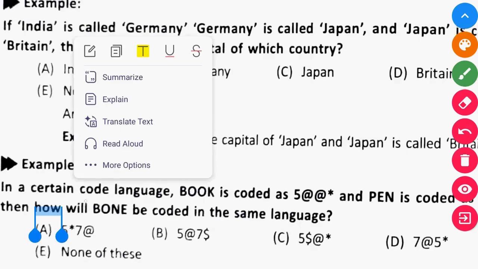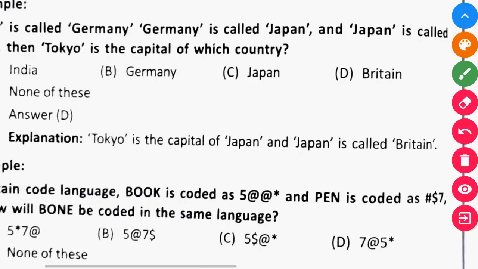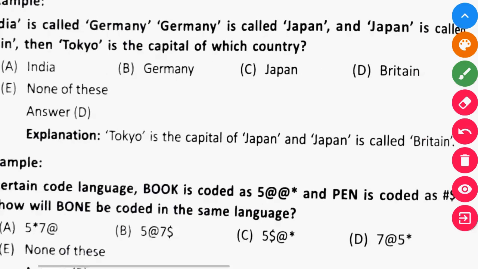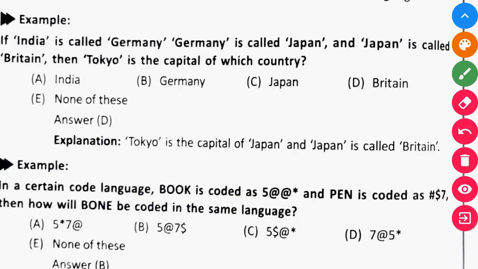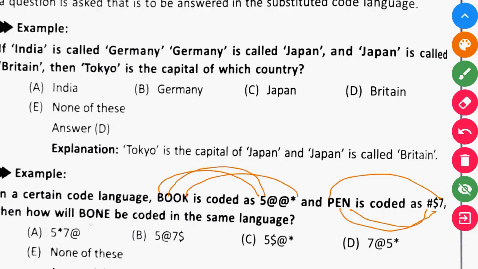Okay. Now in a certain code language, book is coded as 5 at the rate sign twice and star, and pen is coded as slash dollar sign and 7. So we have to find the code for bone. Now how will you find the code for bone? Here what you have to do is see which code is assigned for the letter: B is 5, O is at the rate, K is star, P is 7, E is dollar sign, and N is slash.